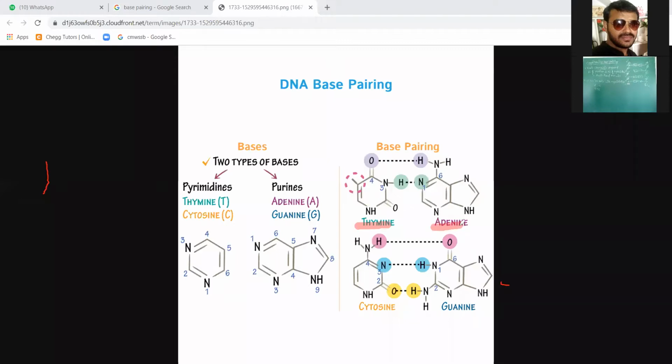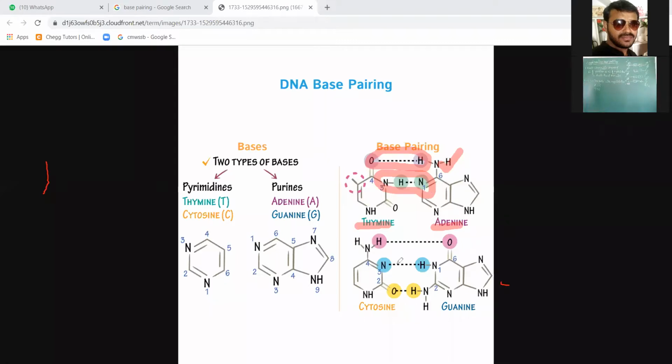This is adenine. See here, between adenine and thymine there is formation of two hydrogen bonds. Here there is formation of hydrogen bond. Amino group of adenine and a keto group of thymine are involved in a hydrogen bond. And two nitrogens of adenine and thymine are involved in formation of another hydrogen bond.